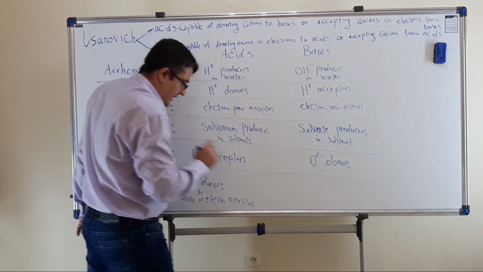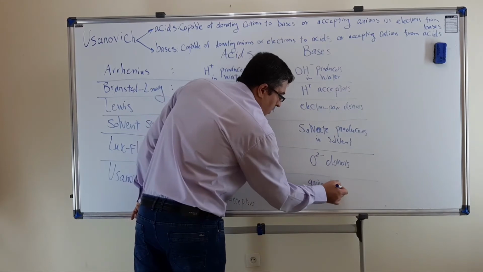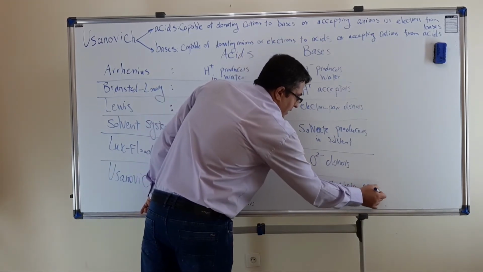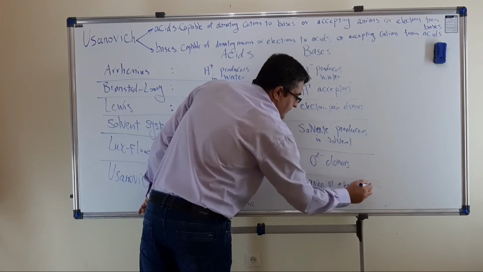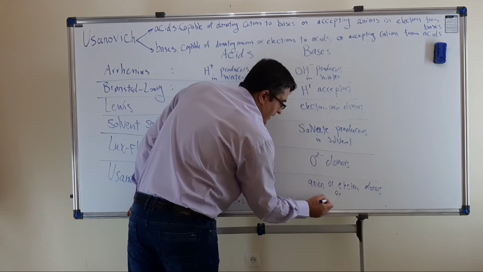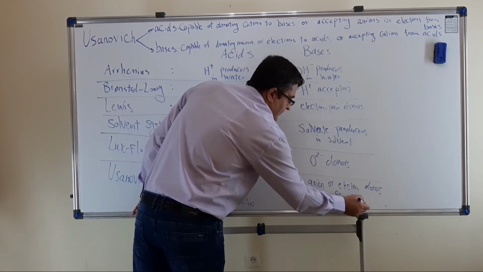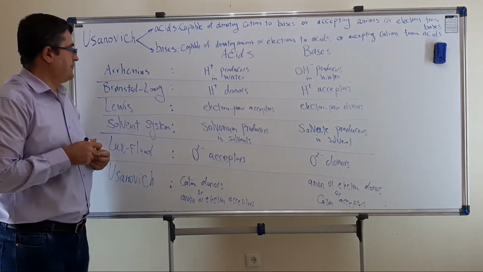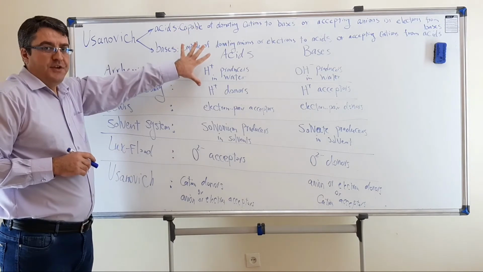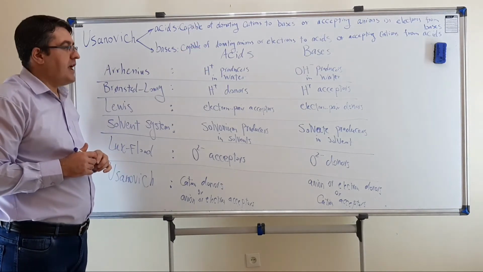On the other hand, bases are anion or electron donors or cation acceptors. These are different acid-base theories whose discussion is common in chemistry textbooks.